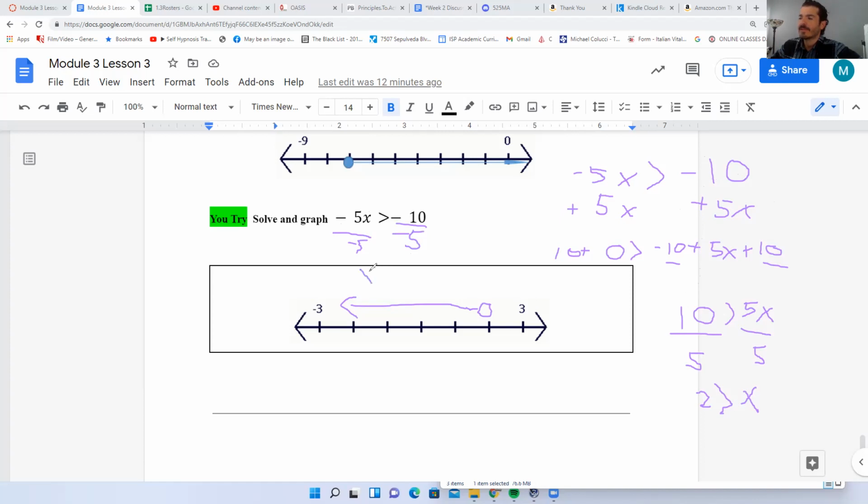Negative divided by negative is a positive. Because I'm dividing by a negative, I do need to switch my signs. I have x is less than 2, which is the exact same thing as saying 2 is greater than x.